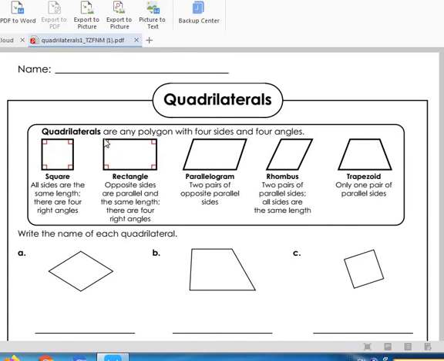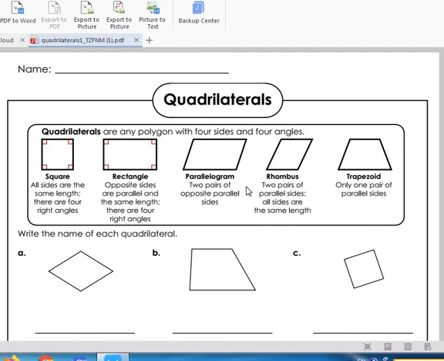In the rectangle, each 2 opposite sides are parallel and the same length. So I have here one line longer than the other. This line is longer than this line, and 4 right angles inside.